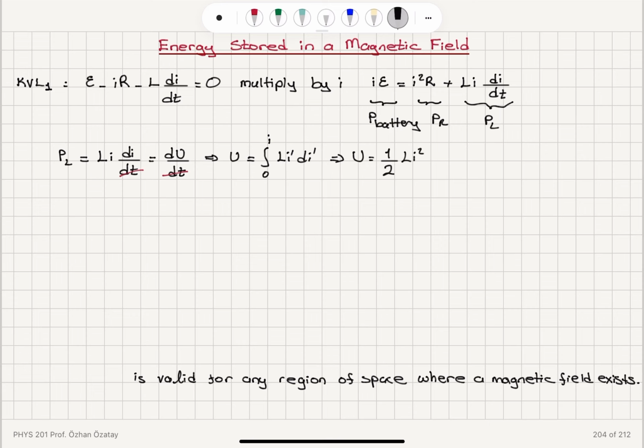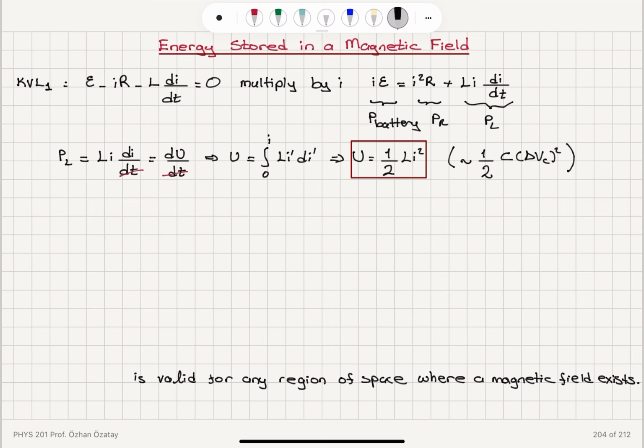So that's the potential energy stored in the inductor when it carries a current I. And this is basically similar to the potential energy stored in a capacitor when it stores a charge, 1/2 C delta V capacitor squared, or Q squared over 2C.